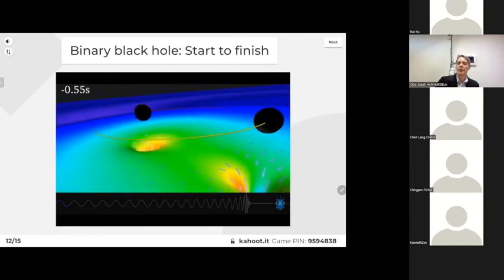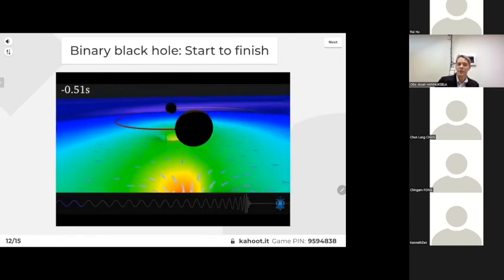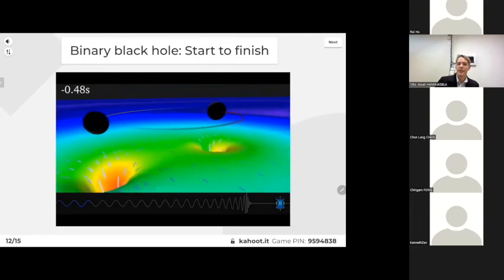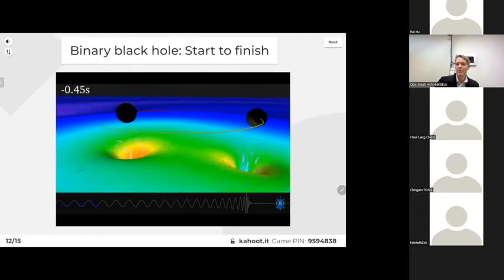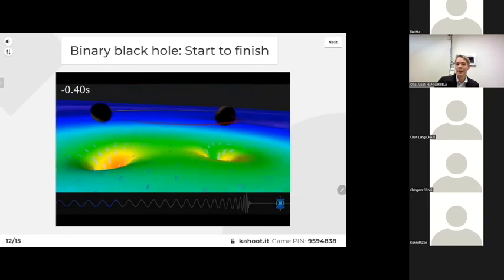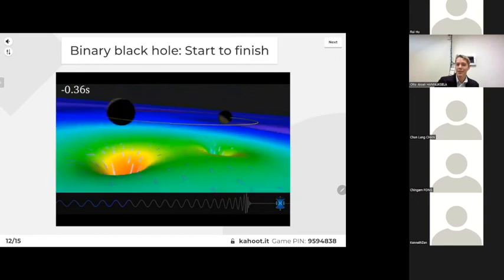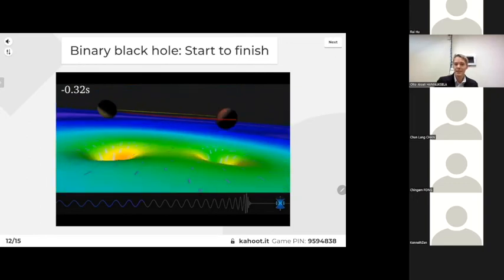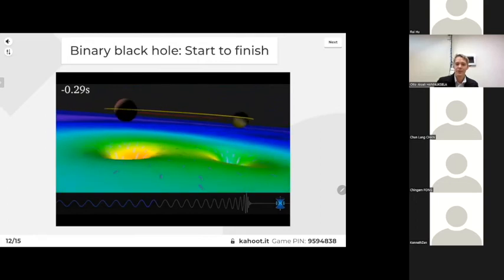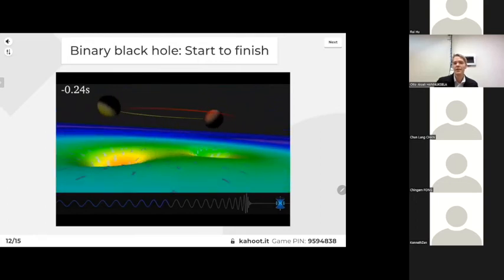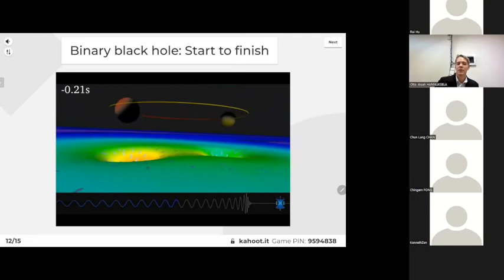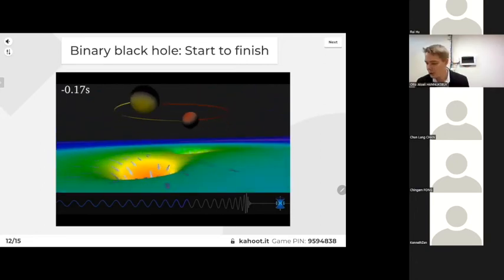They are on a roughly circular orbit because they've been circularized by the gravitational wave emission. They're emitting gravitational waves, so because of that, the orbital radius decreases, the orbital frequency increases, and therefore the gravitational wave frequency, which is twice the orbital frequency, is also increasing. And you can see all of that down below in the waveform.